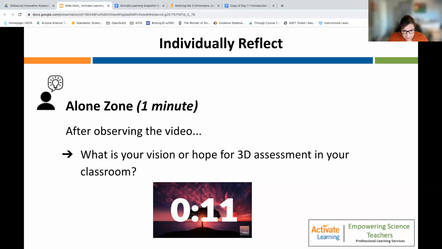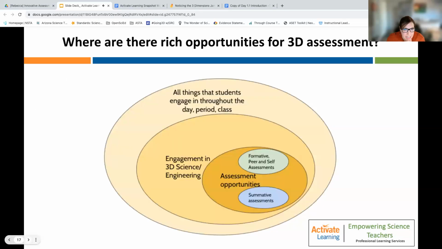Okay, about 10 seconds left. And remember, this is about you thinking about your own thinking right now. All right, time to move on. Here we go.